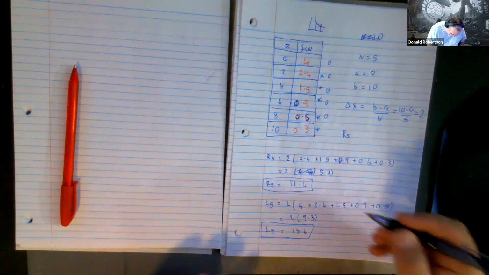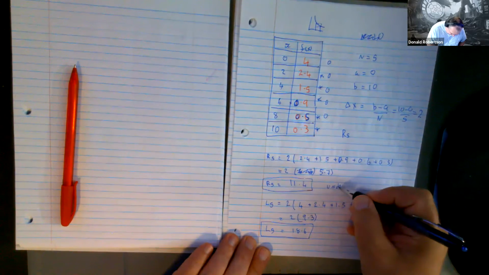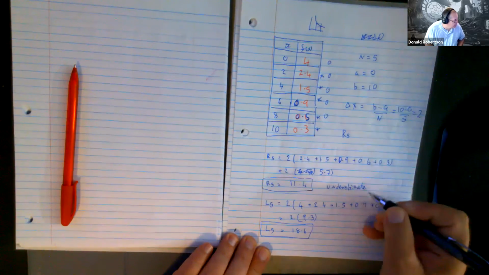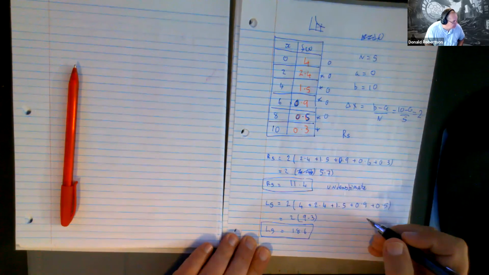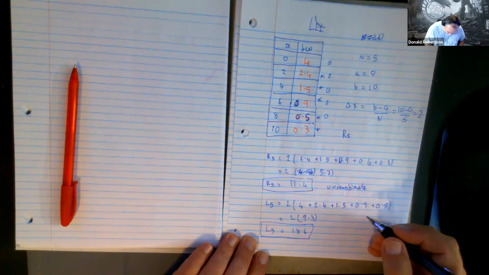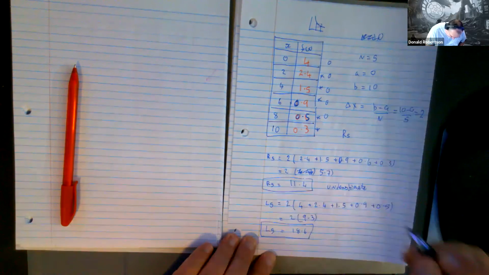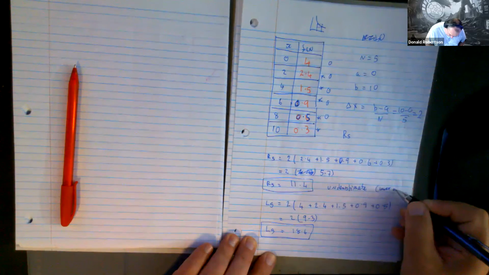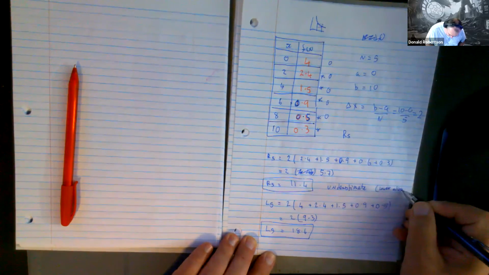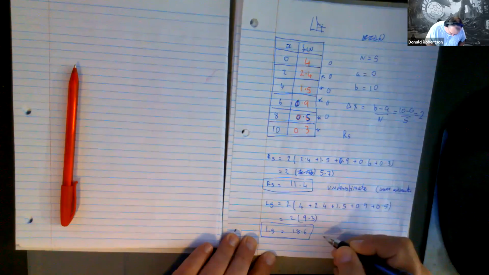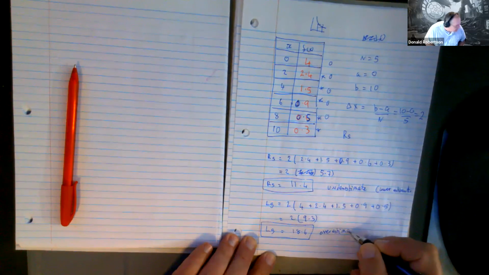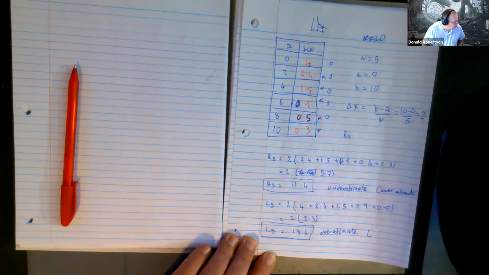So we know that is our underestimate, or as they called it, lower estimate. And this is our overestimate. I believe they call it something like the upper estimate.